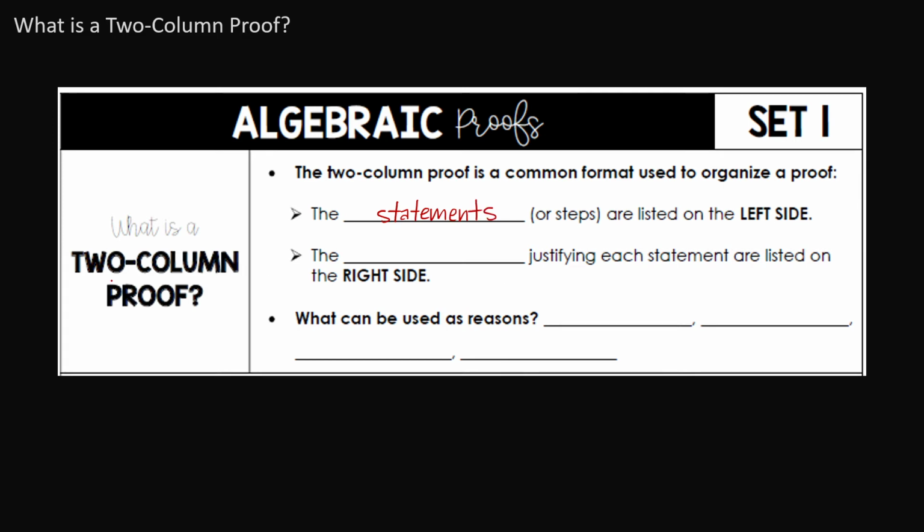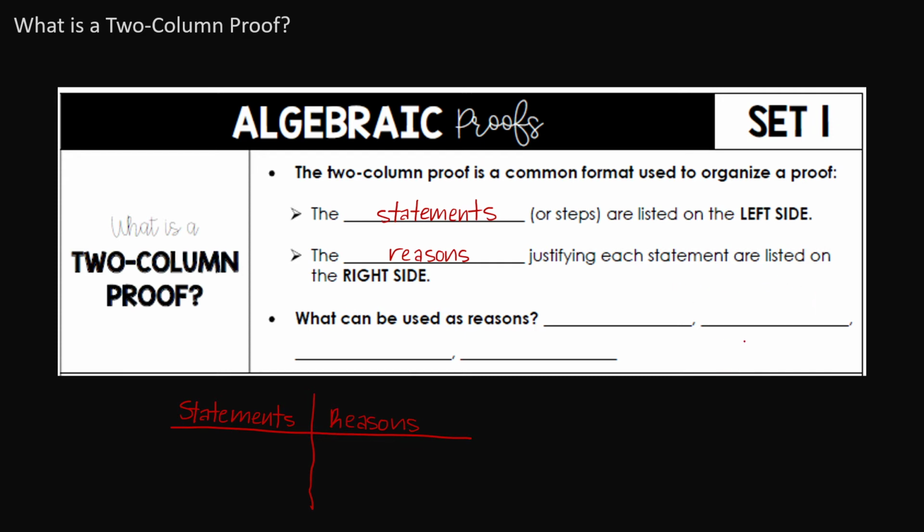We're going to create a two-column proof. Looks something like this. You've got a statement side on the left where you list all of the steps to solve your problem. The right side of the proof is where your reasons go. Your reasons are what you're using to justify each statement you made in the left column. For every statement, you must have a reason.